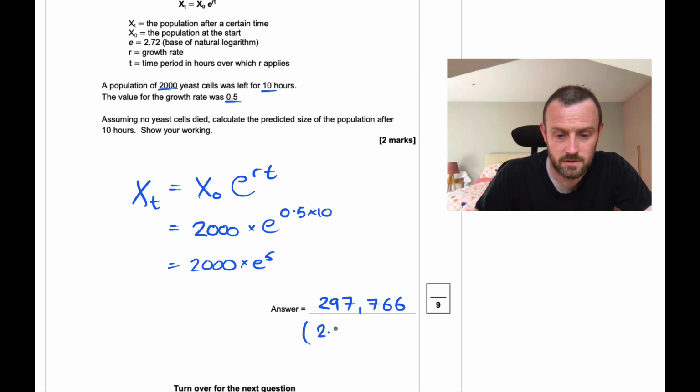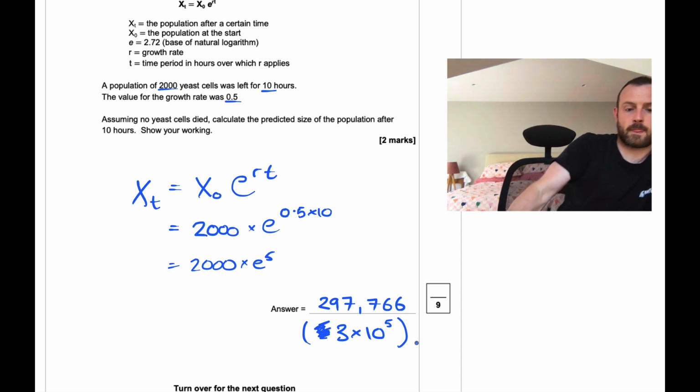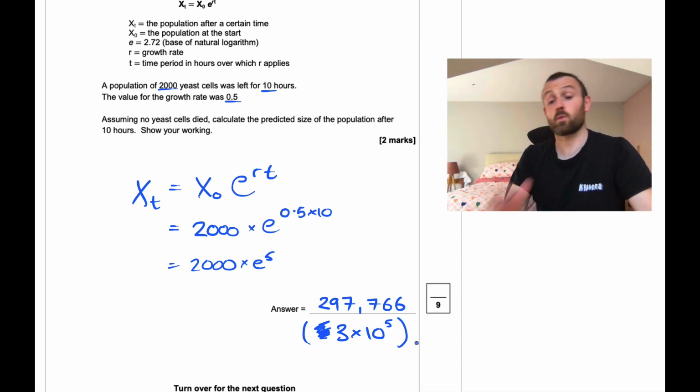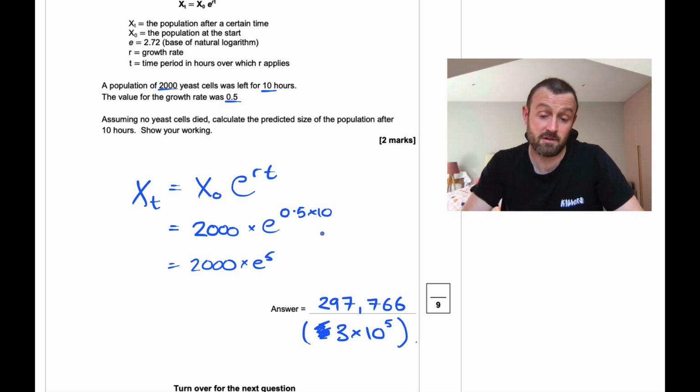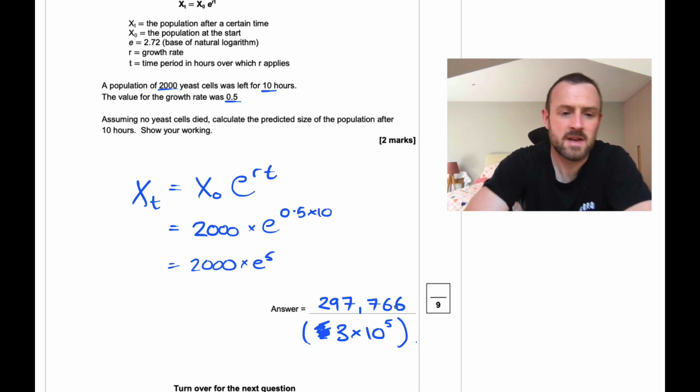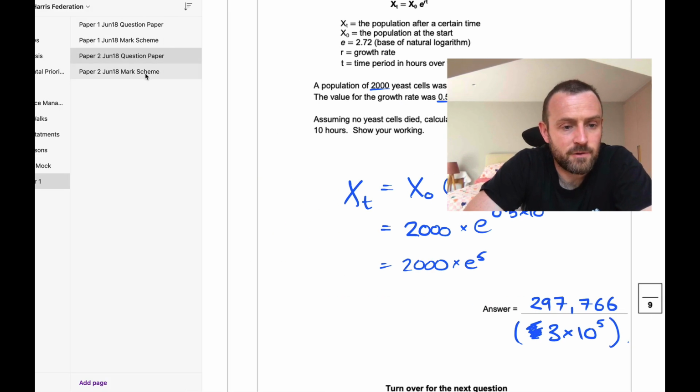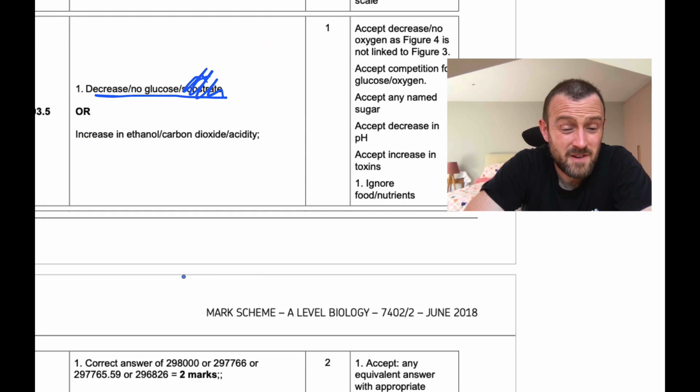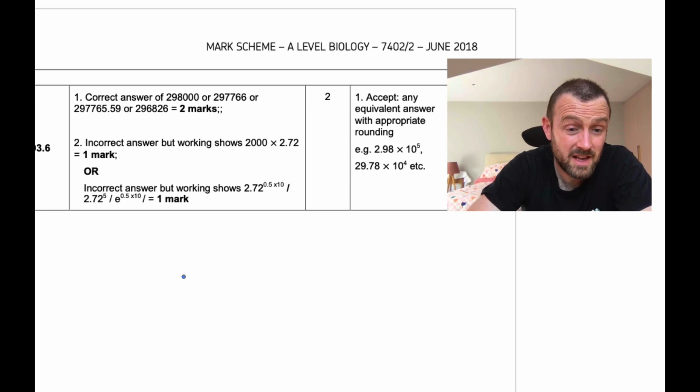Oh, hang on a minute. 3 times 10 to the 5, to 2 significant figures. So 3.0 times 10 to the 5. Let's see if I get marks for either of those.